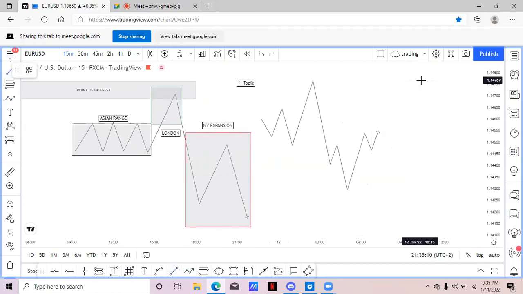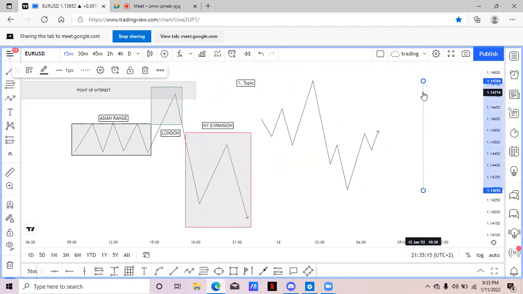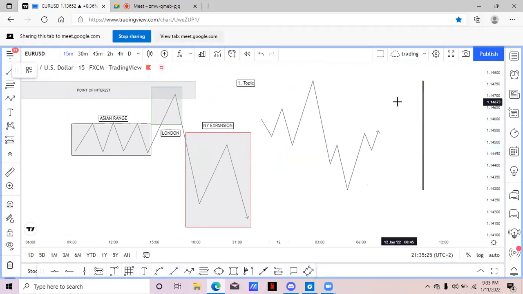So this is how this thing is simplified. This is how it goes: the open, the high of the day, the low of the day, the closing.